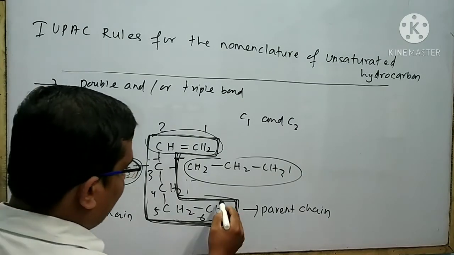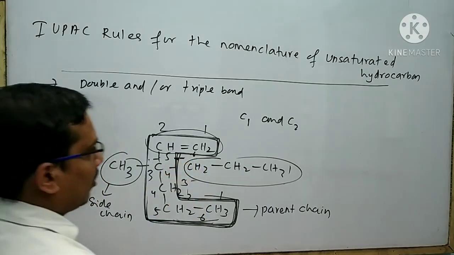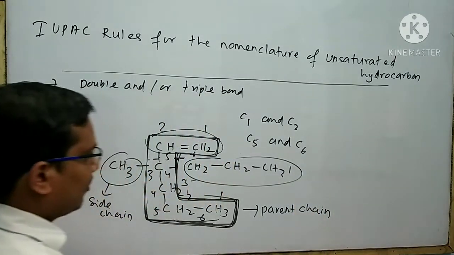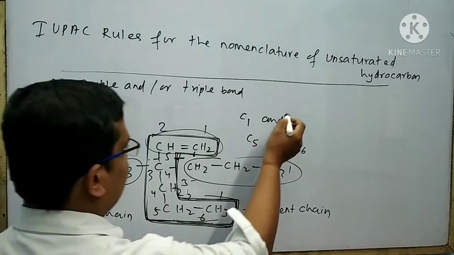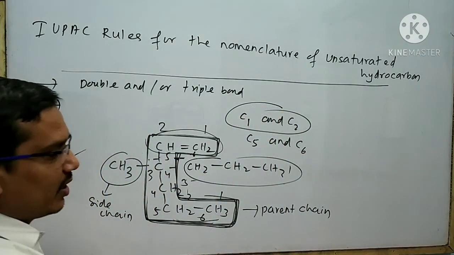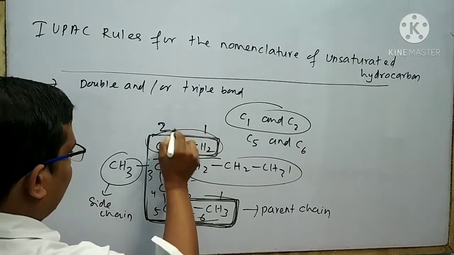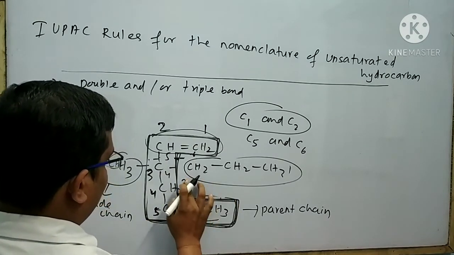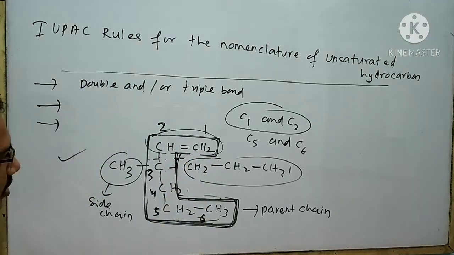If I start the numbering the other way, 1, 2, 3, 4, 5, 6, then the double bond is present between the 5 number carbon and 6 number carbon atom. According to this rule, it is bound to take this set for the nomenclature of the organic compound. So this is the correct numbering for this organic compound. You cannot write this numbering system.